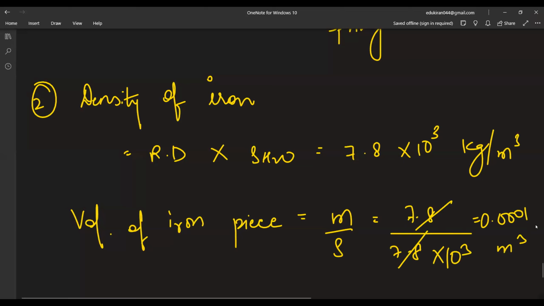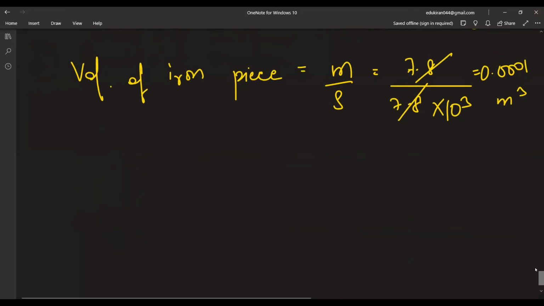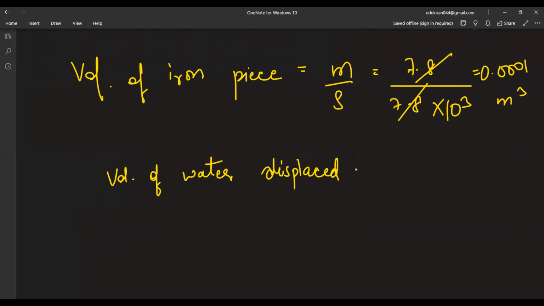Now, only half of the iron piece is being immersed, so the volume of water displaced will be half of it, 0.001 by 2.